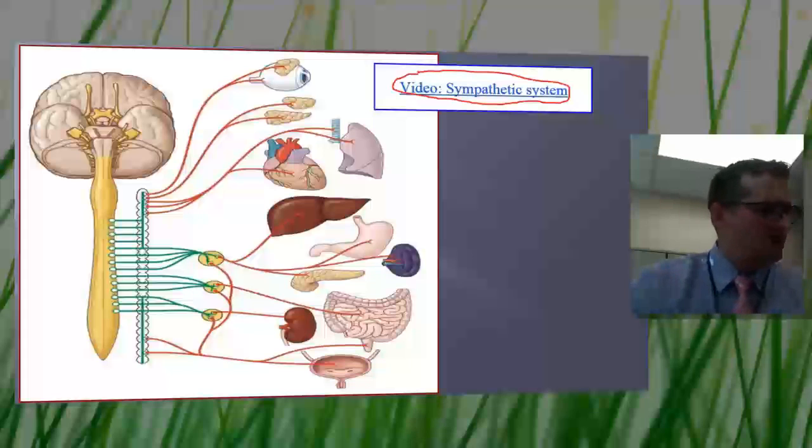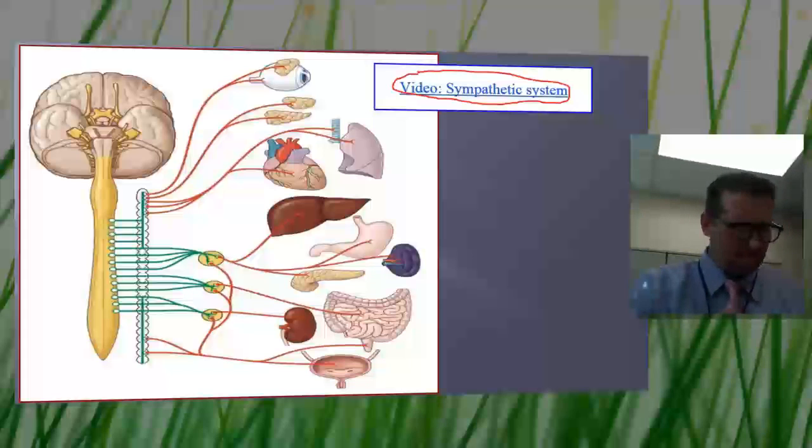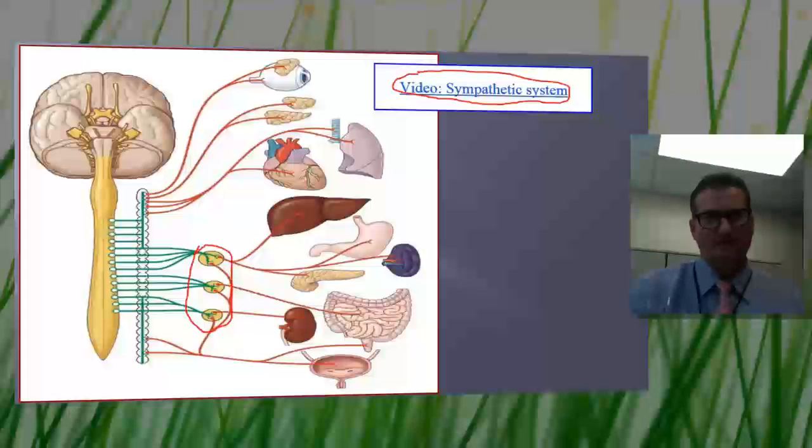The sympathetic preganglionic neurons begin within the spinal cord. From the cell bodies, myelinated fibers reach the sympathetic ganglia that are shown here. Here are the cell bodies in the ventral aspect of the gray matter of the spinal cord.